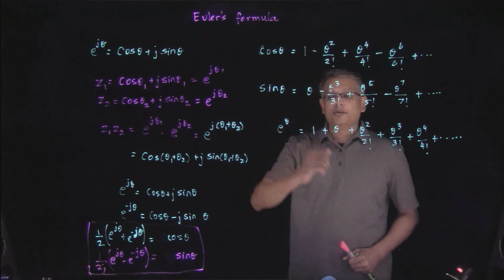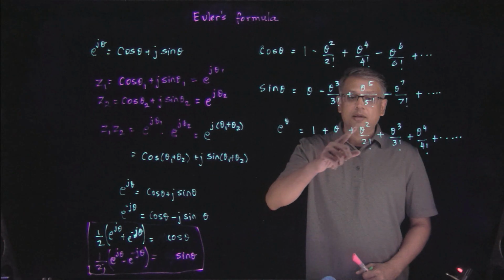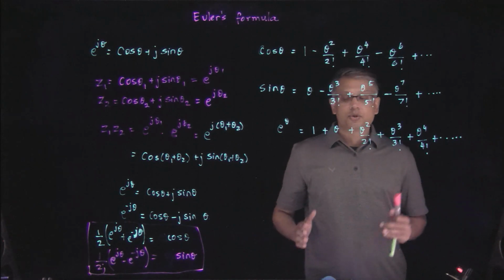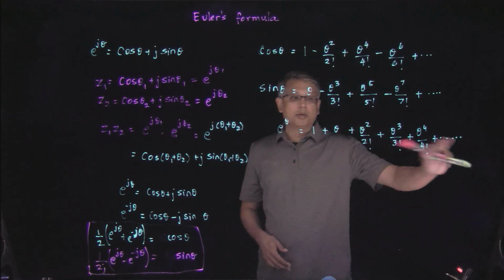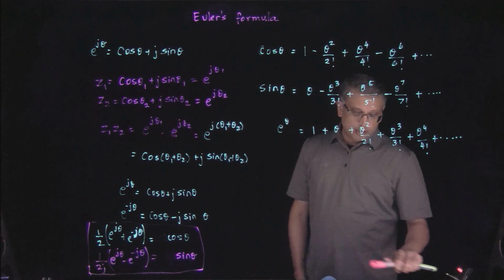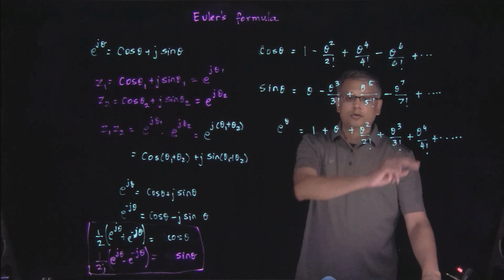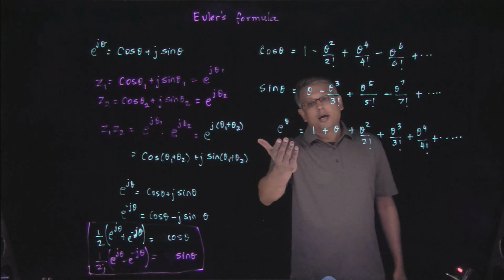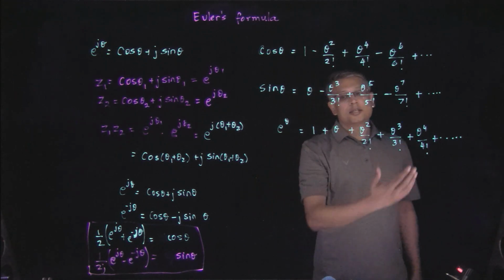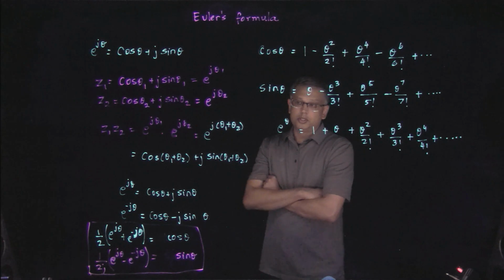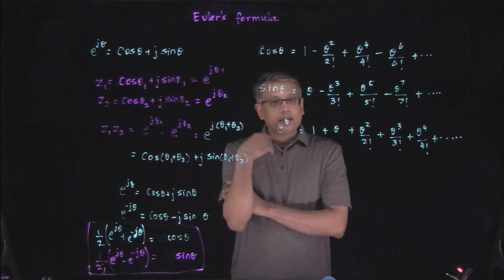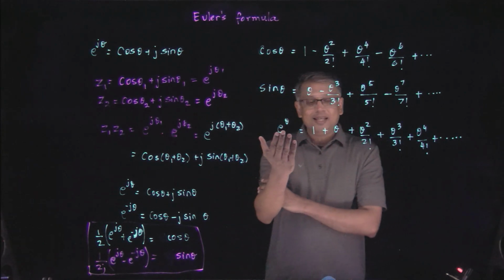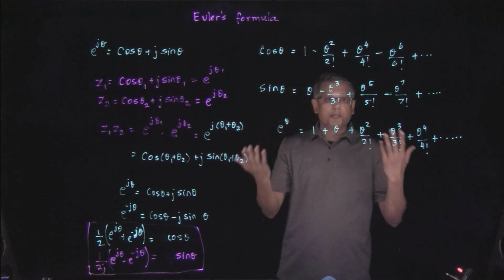The series expansion for e to the theta is 1 plus theta plus theta squared over 2 factorial plus so on and so forth. You have all the powers of theta and you don't have any negatives in the coefficients. And in fact, I think this series expansion is the best way to think about what it means to raise e to some power.